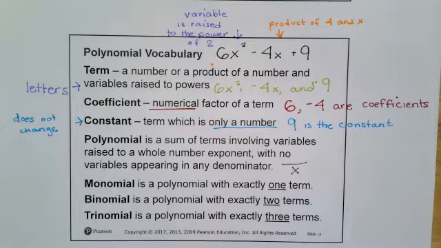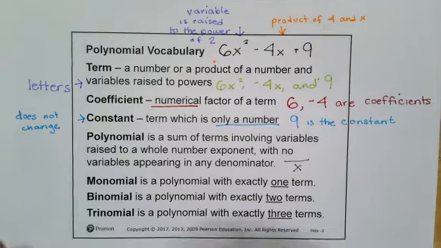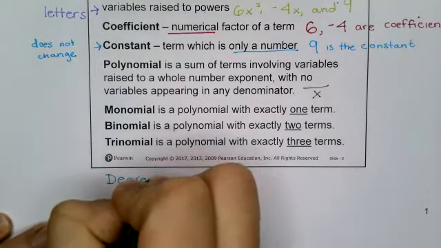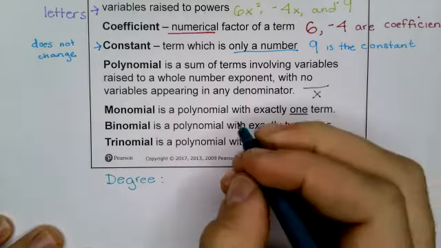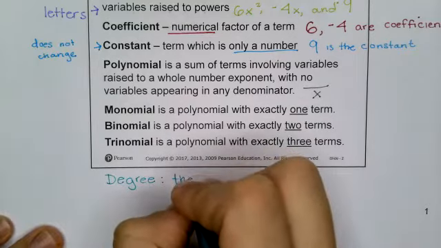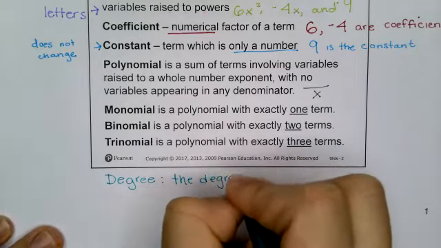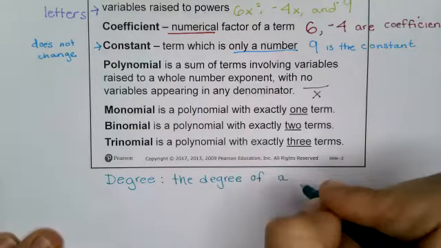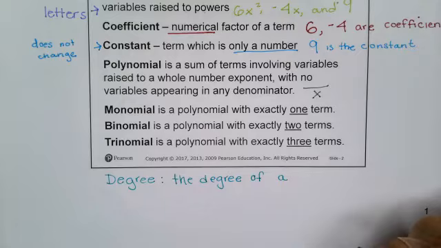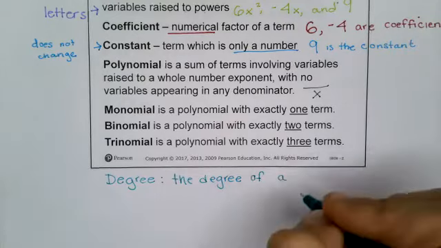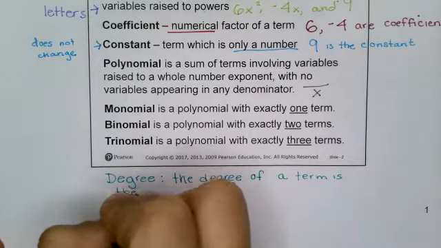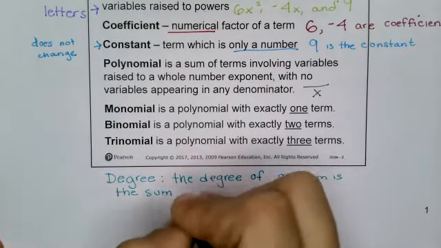There's one more thing I want to add. It's not on here. The degree. The degree of a term is the sum, so you're adding, of the exponents.